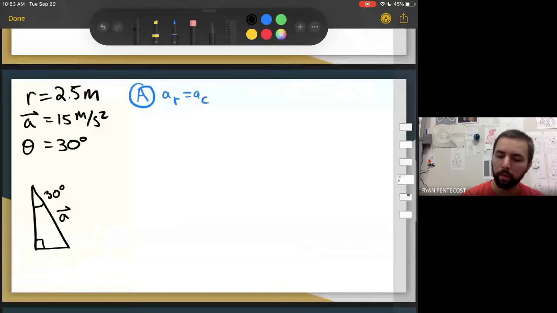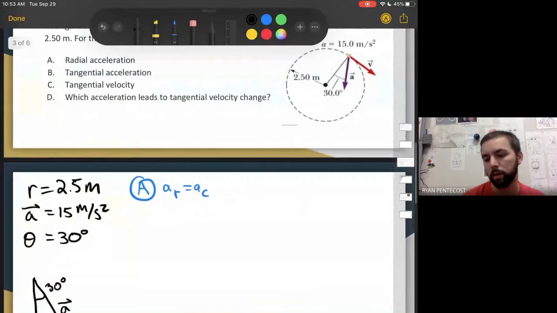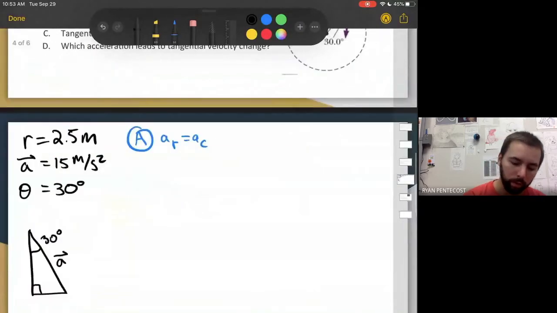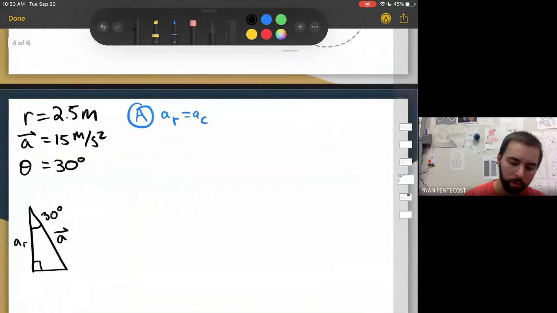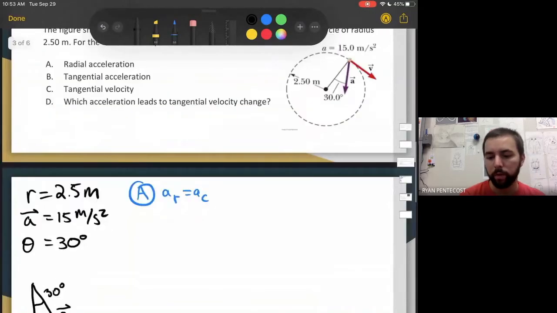Let's get the radial as the long end. Tangential will be the other, so this will be AR, this will be AT, because we can see that this is along the radius, and this would be along the tangent. So that's how we're able to determine those. That can be tricky sometimes. Make sure that you get your triangle correct.